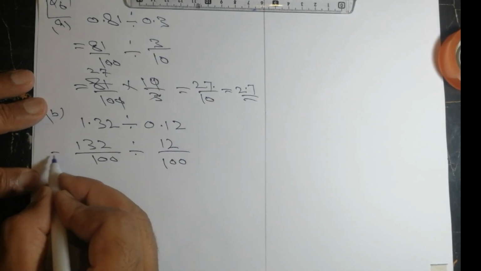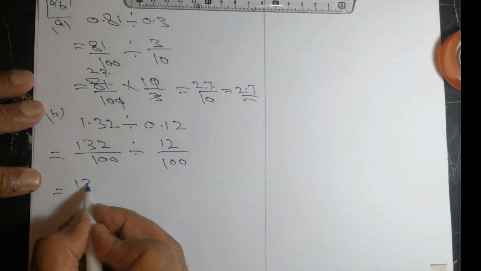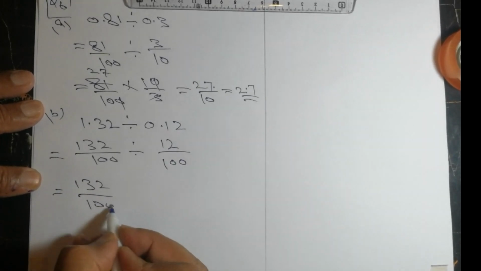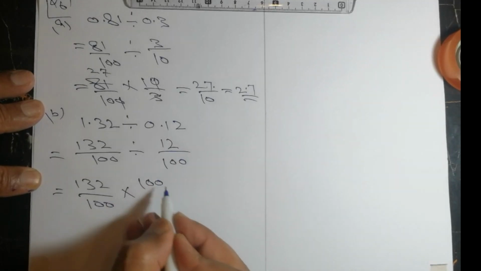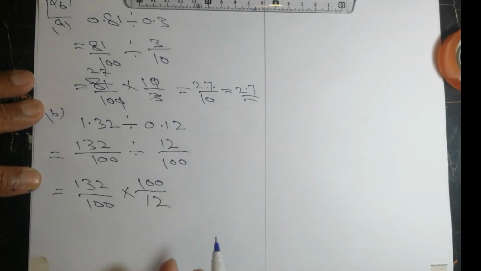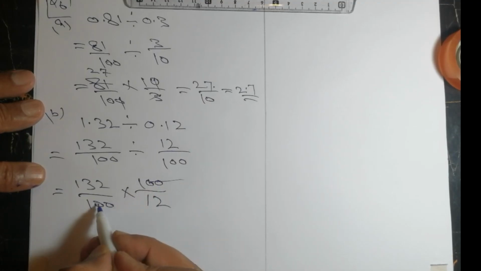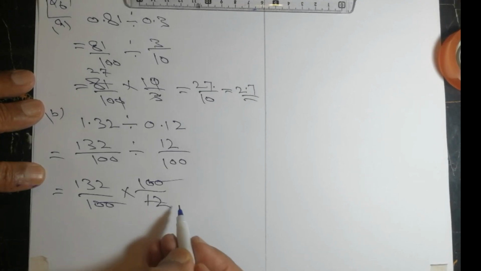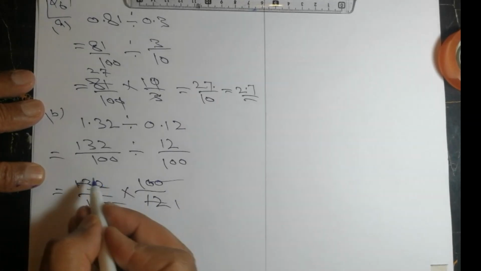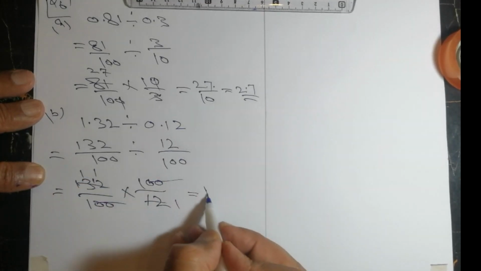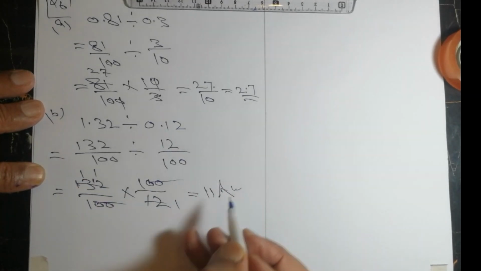So that is equal to 132 over 100 multiplied by 100 by 12. These zeros cancel with this one, and 12 1s are 12, 12 1s are 12, 1 carry, 12 1s are 12. So 11 is the answer.